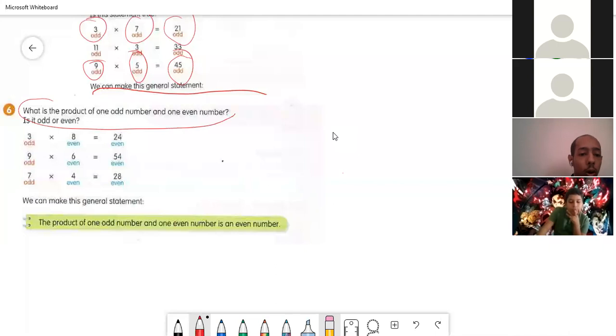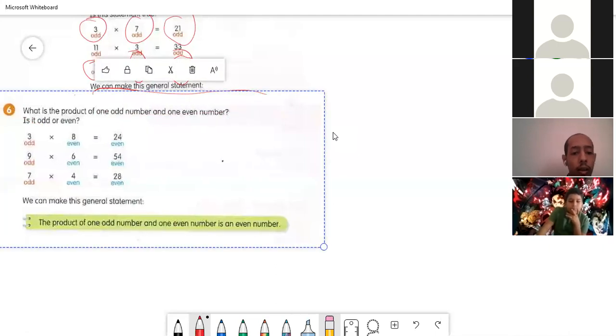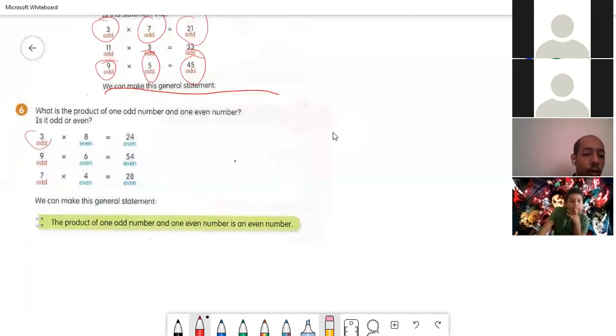What is the product of an odd number and an even number? For example, 3 is odd, 8 is even. What is the product? The answer is 24, which is what? Which is an even number.